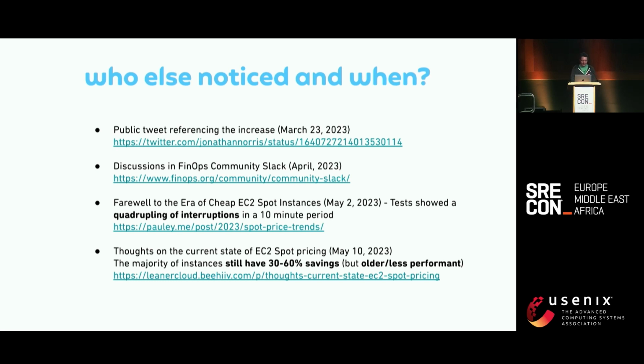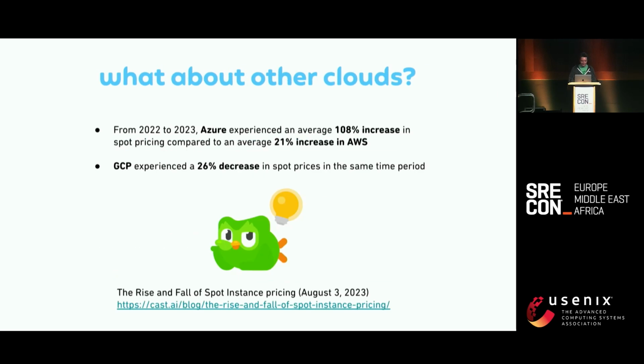One showed a quadrupling of interruptions in a 10-minute period. Not a great experience. And the majority of the instances still have 30, 60% savings. The fourth one saw the same, but the instances were much older and less performant, so we typically don't want to use those ones.